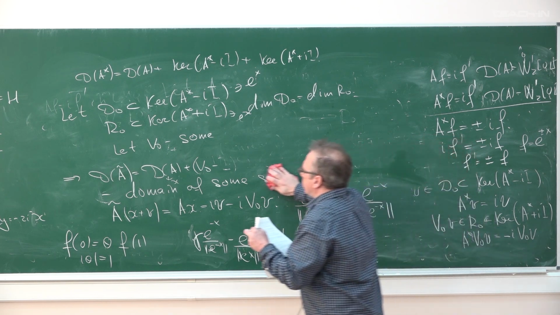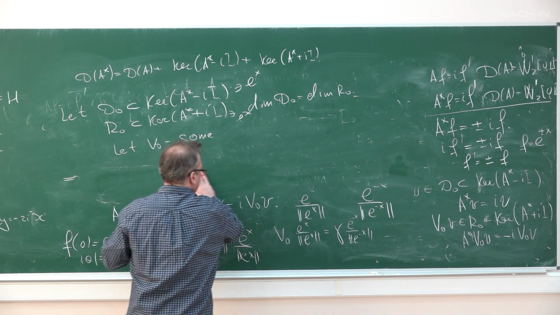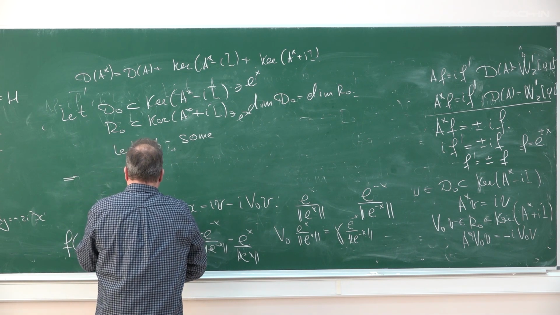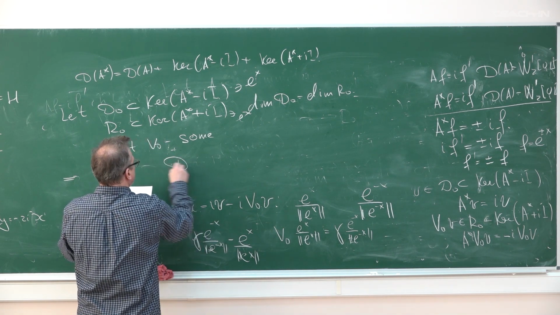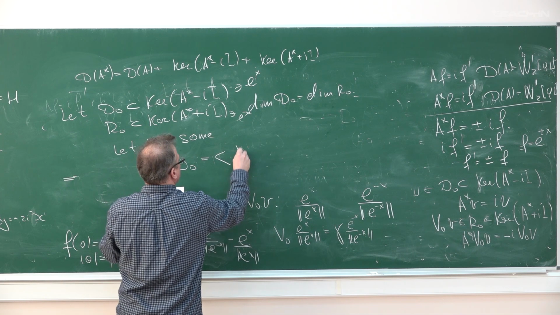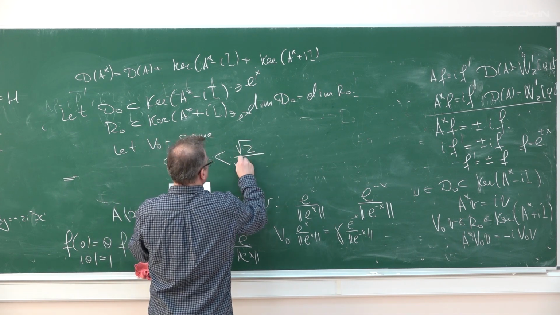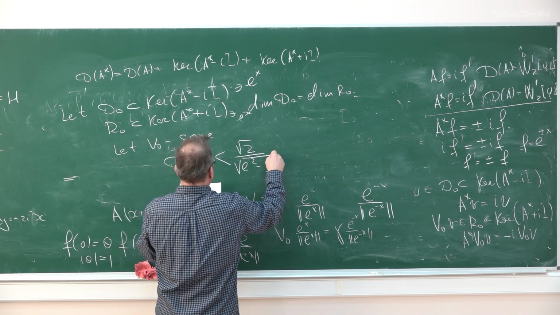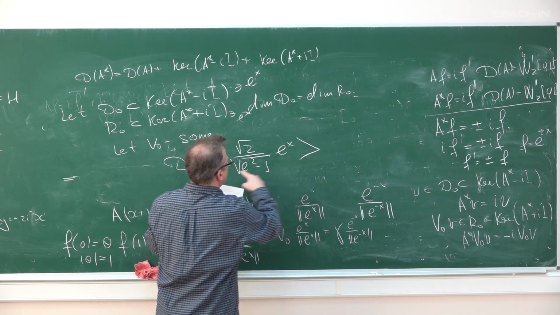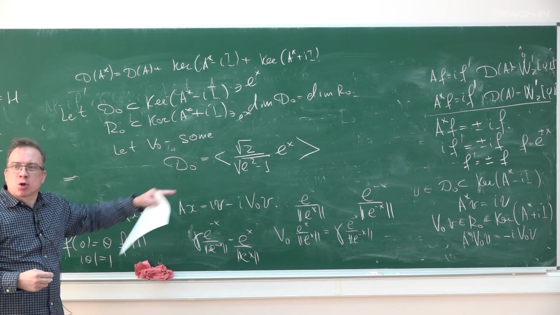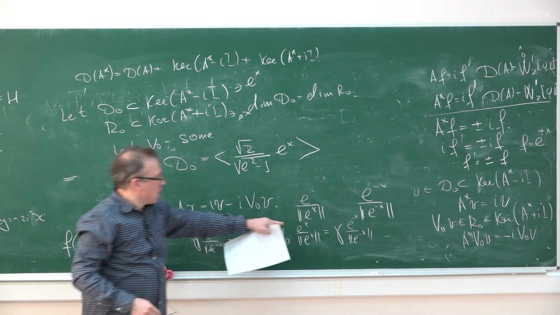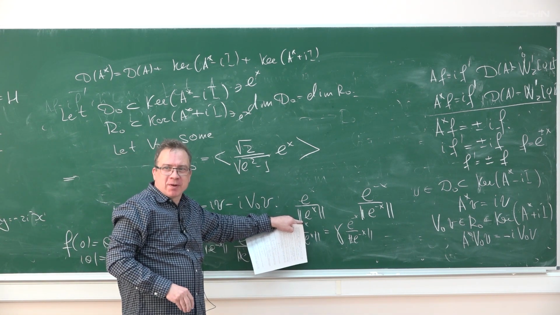So in more detail, what we have for our operator. It is the linear span of this. It is normalized. Do you see? This is just divided by the norm.